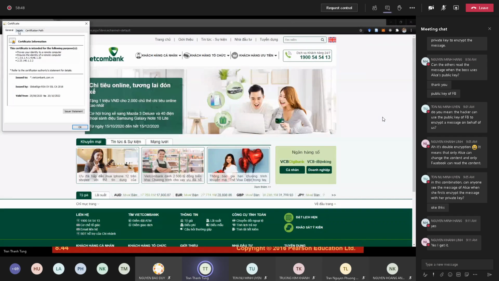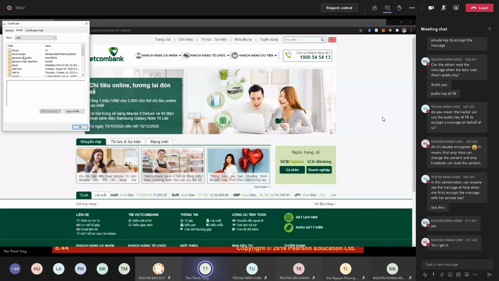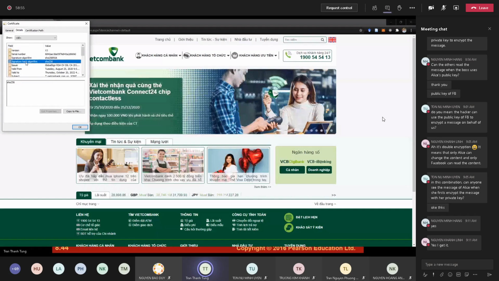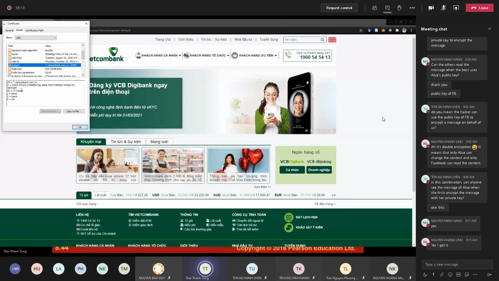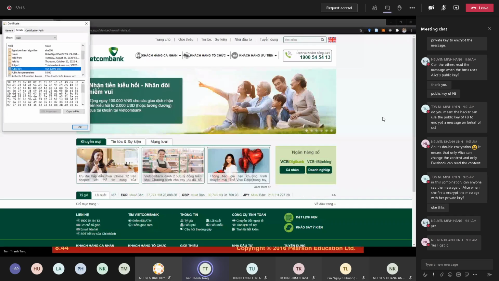In the certificate details, the subject says the certificate authority certifies that this is the Vietcombank website from the organization named Joint Stock Commercial Bank for Foreign Trade of Vietnam. They issued it for the IT center in Hanoi, Vietnam. And here is the public key of Vietcombank.